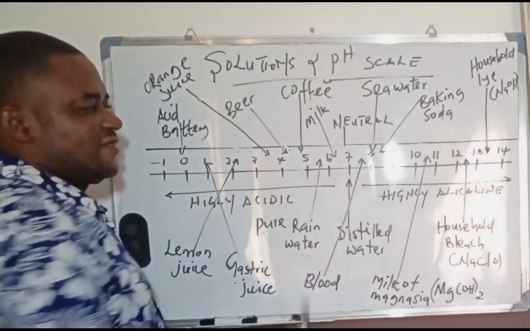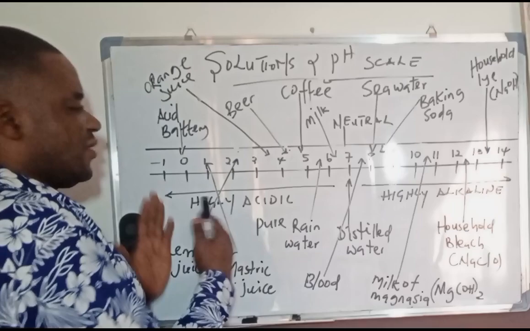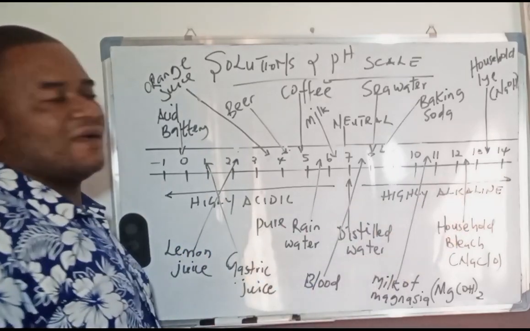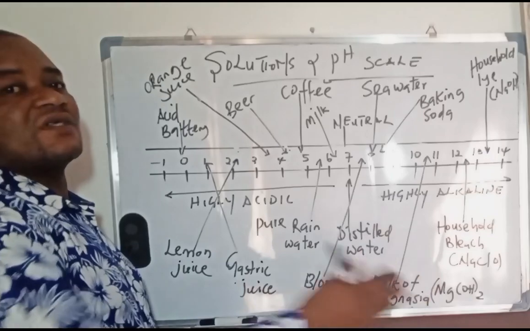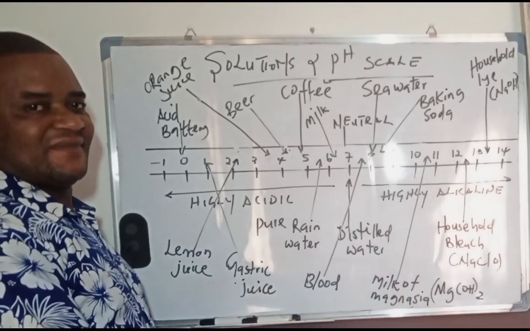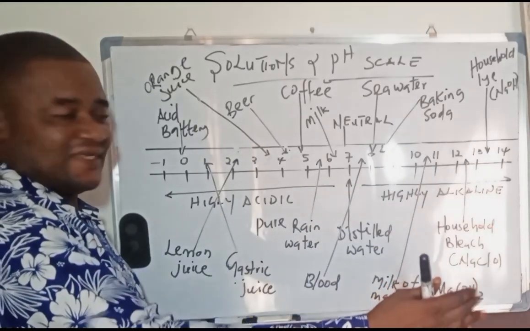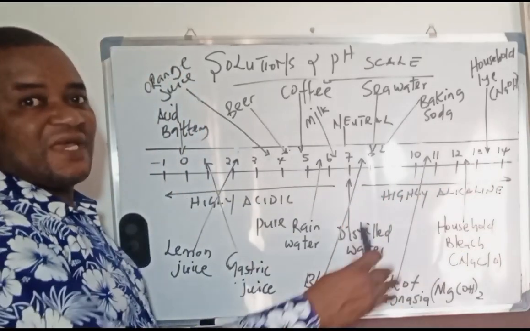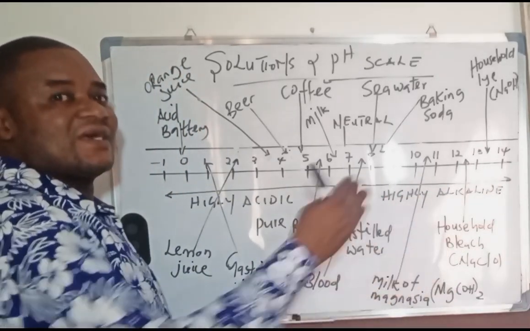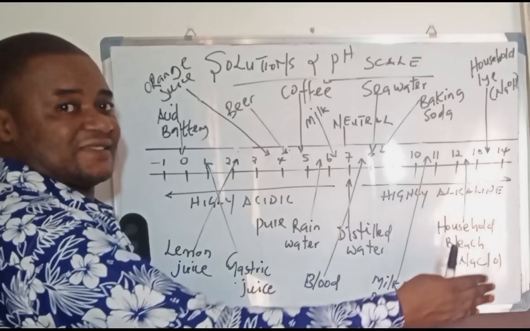Now that is understandable. If you move from your left to your far right in a row, you are moving towards high alkalinity, high basicity. So from 8 moving up to 14 on the pH scale, you are moving towards higher alkalinity or basicity.